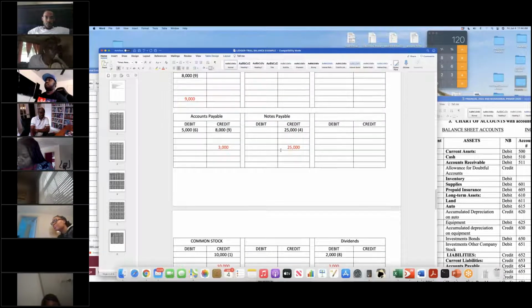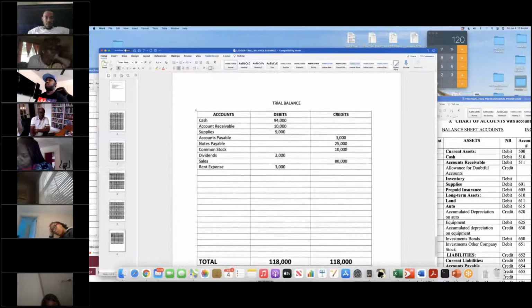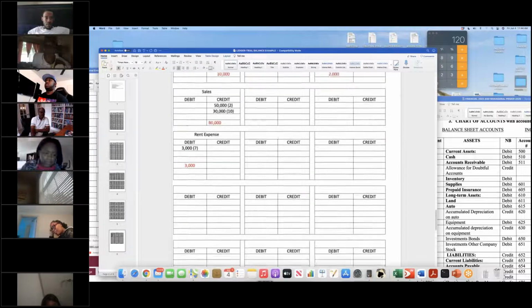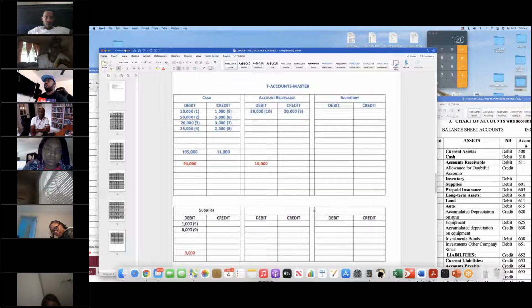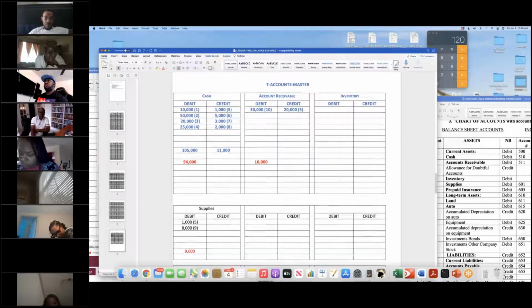So whenever you don't balance on the trial balance, your starting point is check the balance in each account. A lot of time it will be in the cash. If that doesn't clear it up, then you've got to go check each journal entry to make sure the debits and credits are equal.